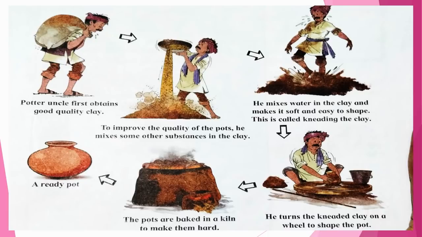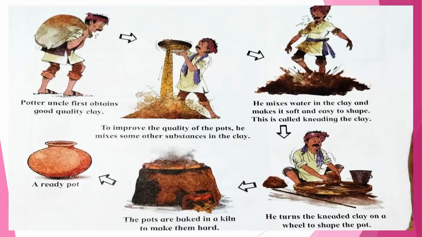Then he mixes water in the clay and makes it soft and easy to shape. This is called kneading the clay. He turns the kneaded clay on a wheel to shape the pot. The pots are baked in a kiln to make them hard, and then the pot is ready to use.